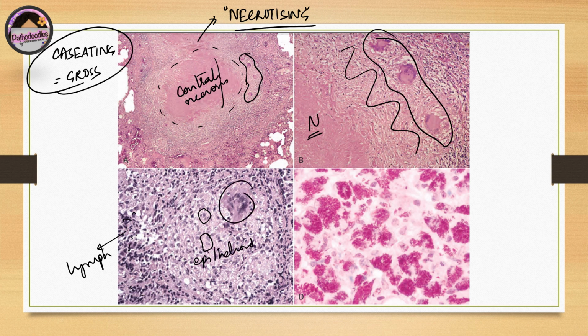And then you can see a giant cell. Now you can see the granuloma collection with epithelioid cells looks a little paler than the rest of the lymph node tissue would. And this is AFB stain, so you can see all the cells are pretty much positive, containing all the organisms. So I can safely call this a tuberculous granuloma.